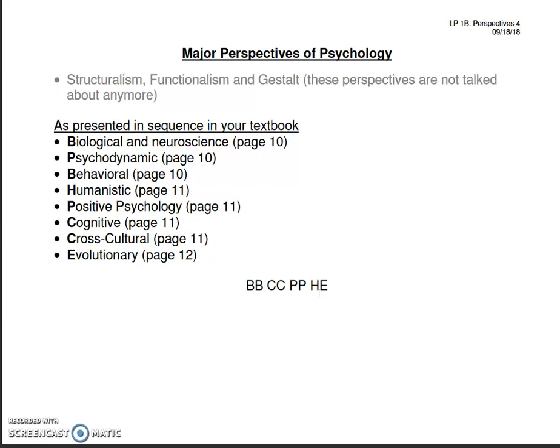And once you have the letter, then identify the name of that perspective: biological, behavioral, cognitive, cross-cultural, psychodynamic, positive psychology, humanistic, and evolutionary perspective. And then once you have the name, describe those different perspectives, and then give examples of those different perspectives.